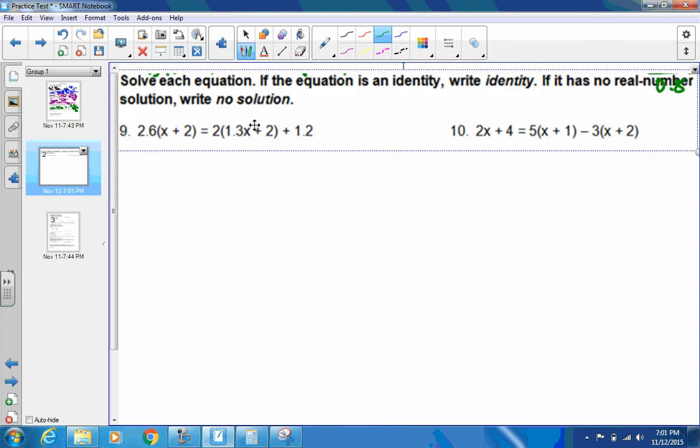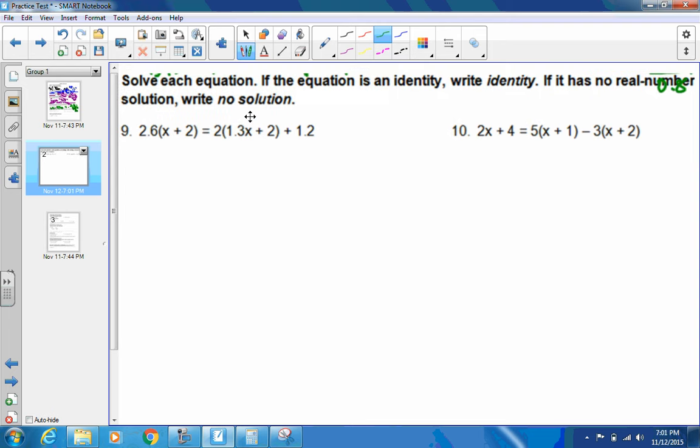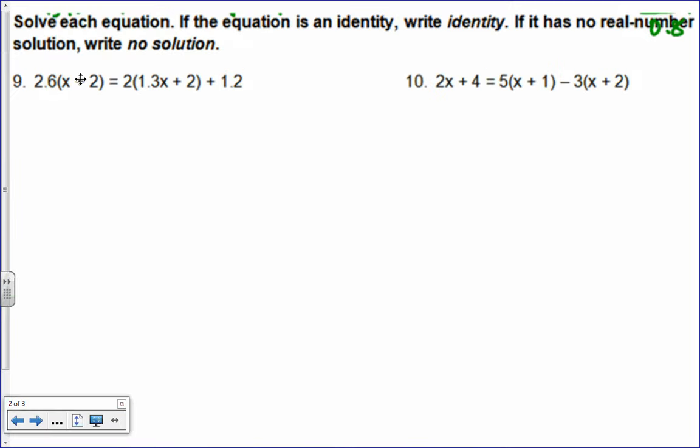Oh, looks like I got a little of that green in there. That's okay. So it says solve each equation. It's either going to be identity or no solution. So we'll see what we end up getting. Going to be a lot of distributing here again. For both of these, they're both multi-step equations with variables on both sides.